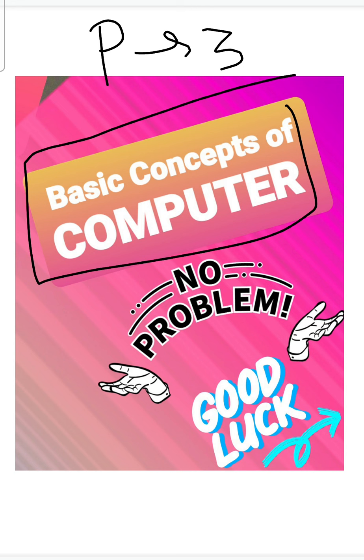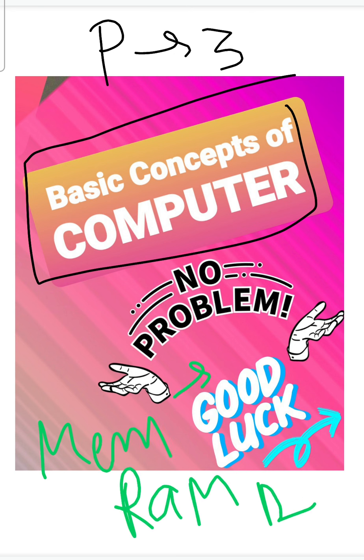There we saw that memory has three types: RAM, ROM, and the storage devices. Today we will learn about RAM, ROM, and the storage devices.